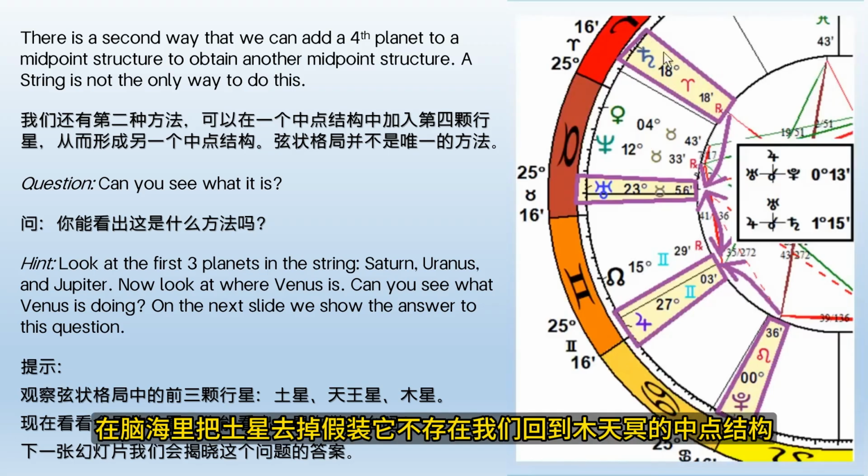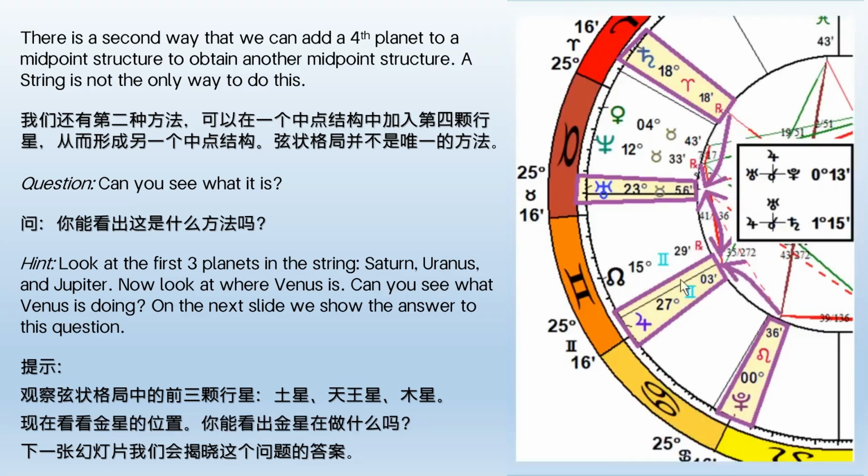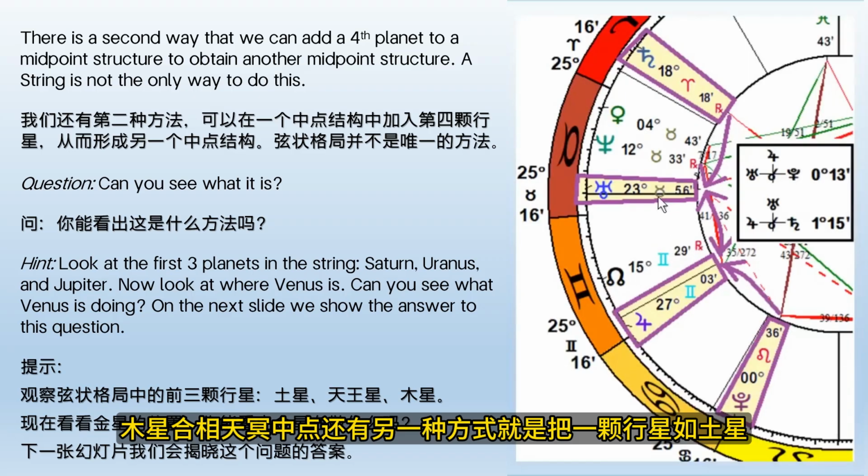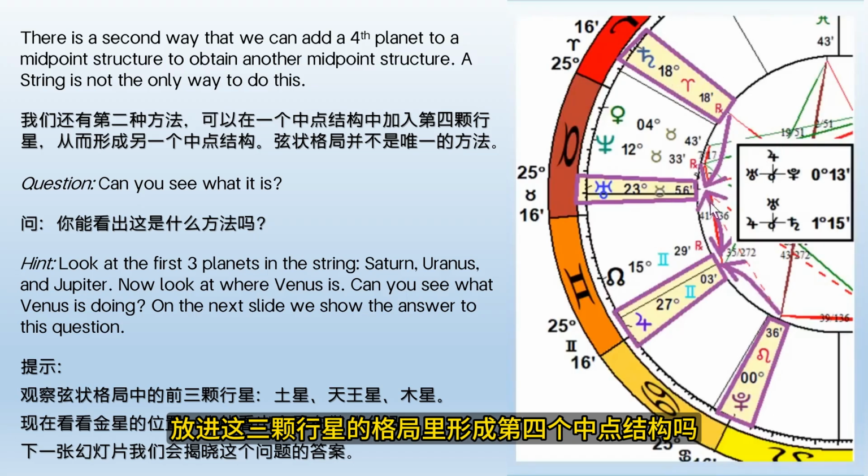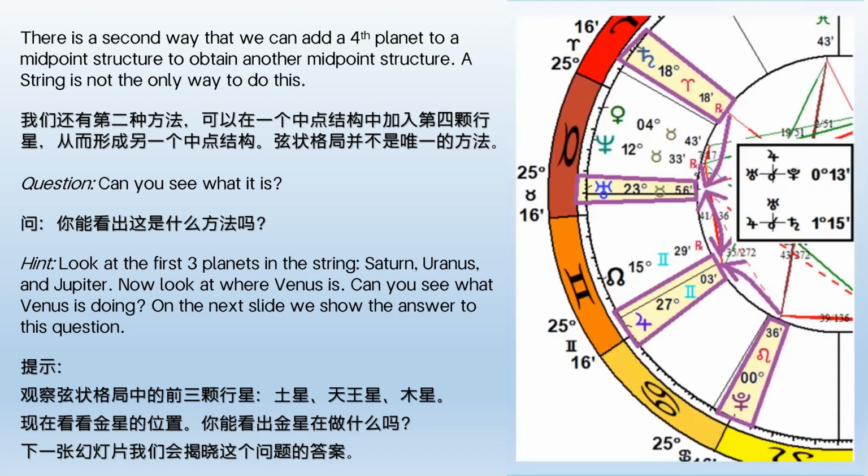Just remove Saturn in your mind, make believe Saturn's not here. Let's go back to the Jupiter, Uranus, Pluto midpoint structure. Jupiter conjunct Uranus, Pluto midpoint. Is there another way to stick a planet, let's say it was Saturn, into this configuration of 3 planets to get a 4th midpoint structure?